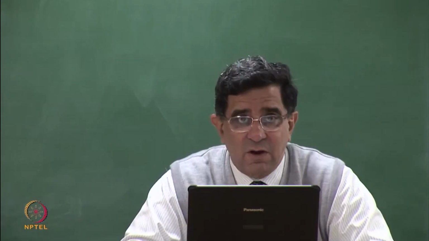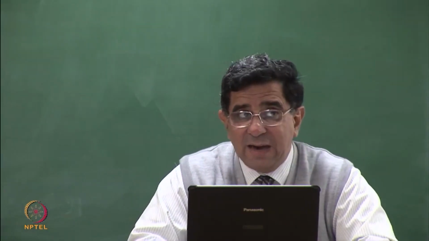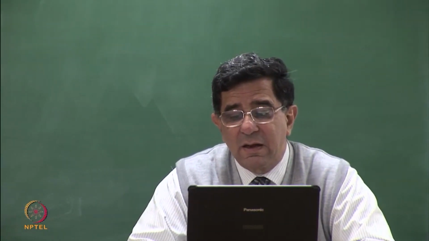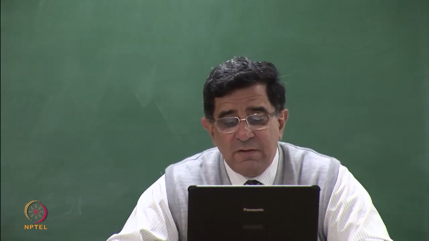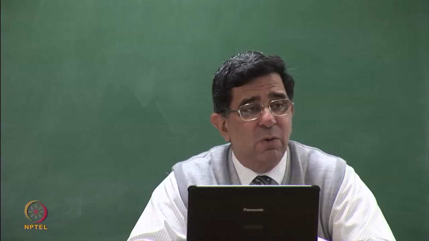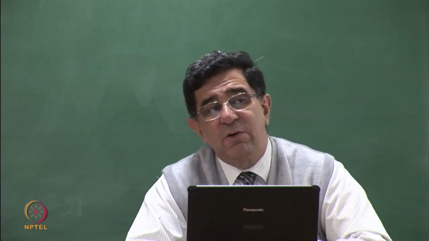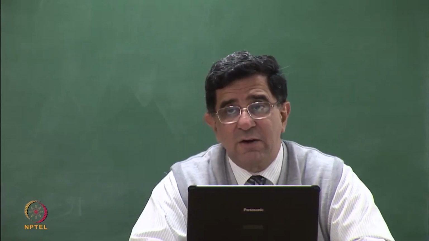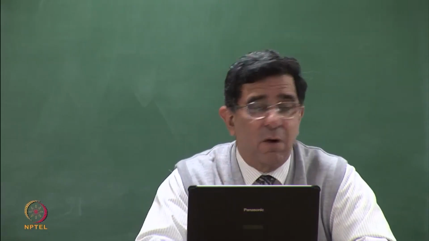So in that sense, because the breakthrough time is much shorter in the GCL, the performance of CCL is better as far as breakthrough time is concerned. And this you have to realize, that when you are trying to do equivalence, you are not only trying to do equivalence in mass flux, but you are also trying to do the equivalence in when it comes out at the bottom.